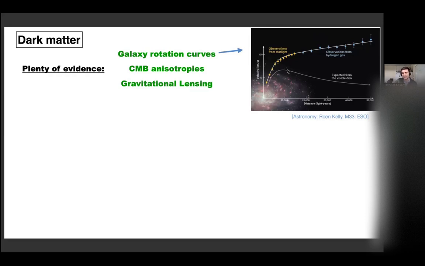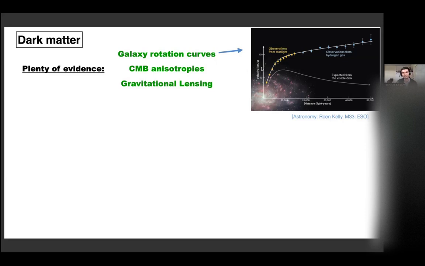As you can see on the right-hand side, there are two lines: one showing the expected velocity of rotation of the galaxy M33 without dark matter, and the observations actually fit the top line much better, which is basically positing the existence of some mass which does not interact electromagnetically or with other forces except gravity, essentially. So this was one of the first evidences for dark matter.